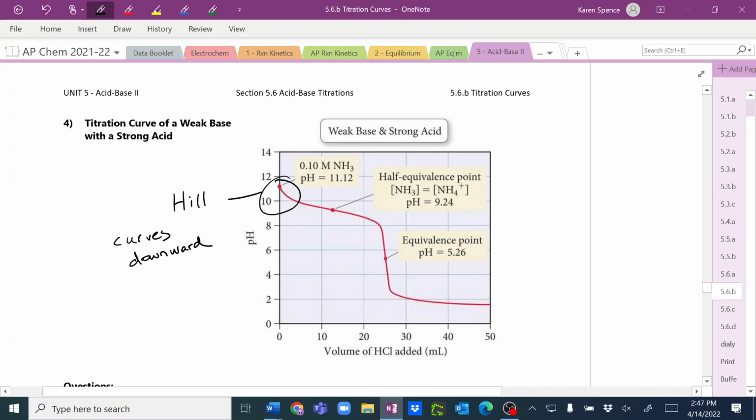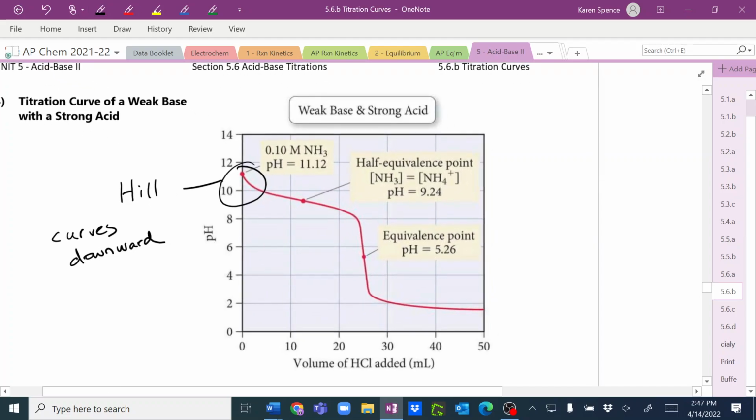At the half equivalence point, we have our pH. If you convert that to a pOH, that would be 14 minus 9.24, 4.76.